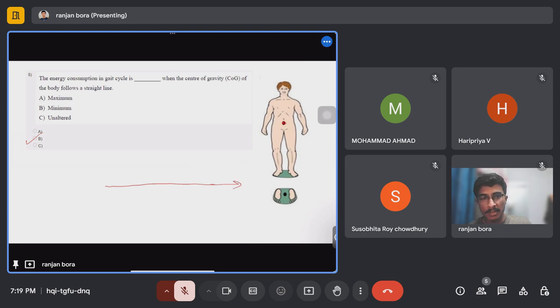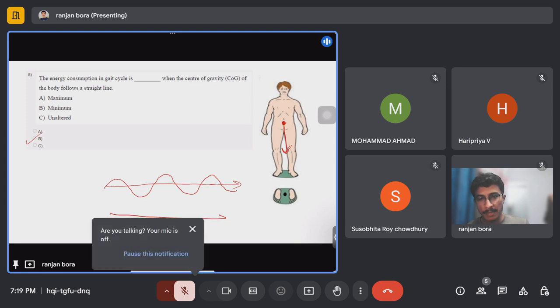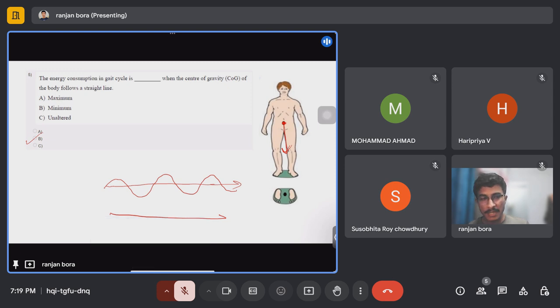Our whole body weight gets concentrated at this point, the center of gravity. So if we take a zigzag path like this, then we need to travel more distance. That means we need to do more work to carry our body weight. So if we follow a straight line, that means the distance is minimum, and in that case we need to do less work, means the energy consumption is minimum.